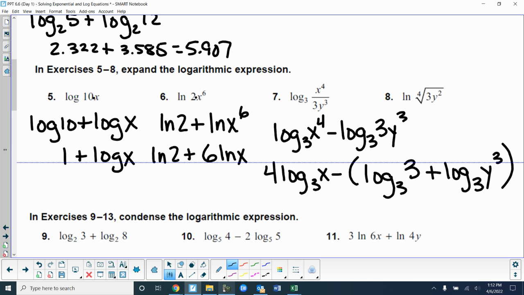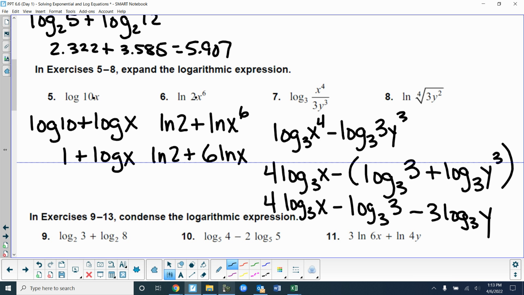What do I have to do with that? I got to move it out front also, right? So now I got 4 log base 3 of x minus log base 3 of 3. And since this minus here, what's it do to that plus since we put it in parentheses? Makes it minus, right? 3 times log base 3 of y. So that's what you should have gotten for that problem once you expanded it.